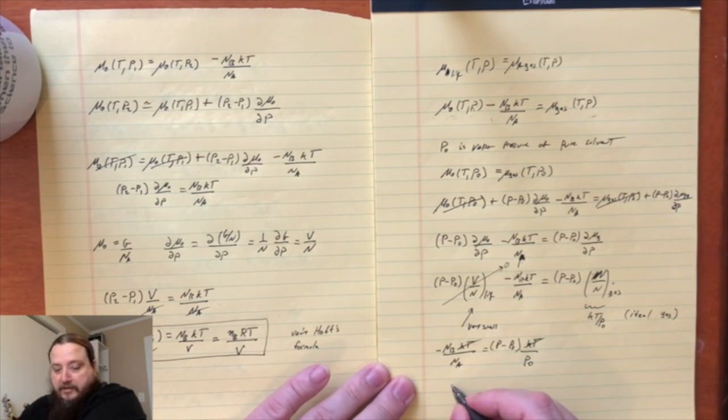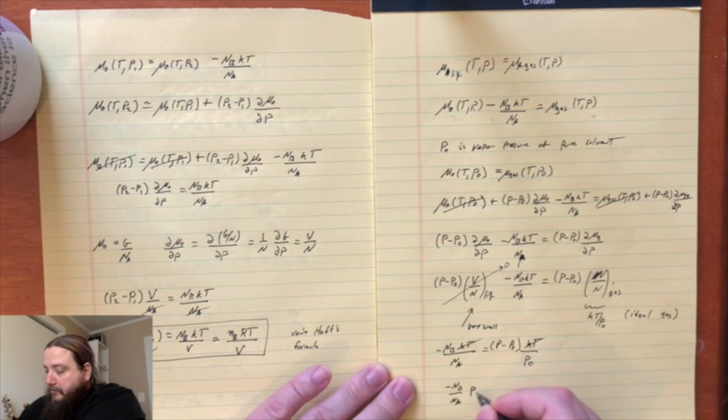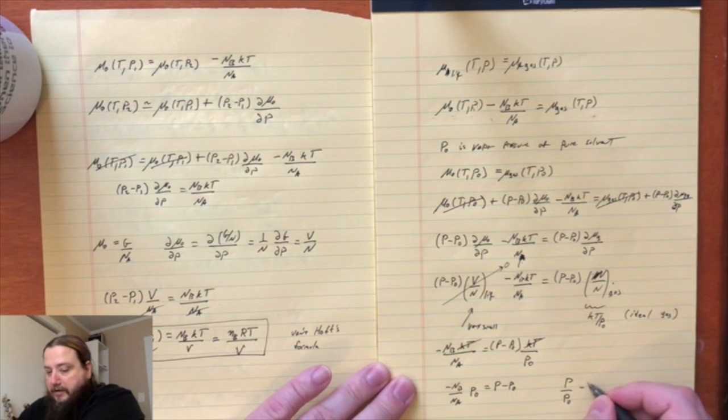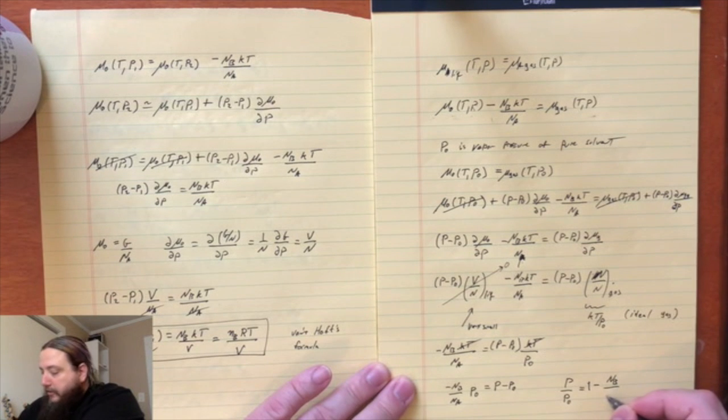That would give us minus N_B over N_A times P naught is the change in the vapor pressure, or that the vapor pressure divided by P naught is equal to 1 minus the ratio of N_B over N_A.